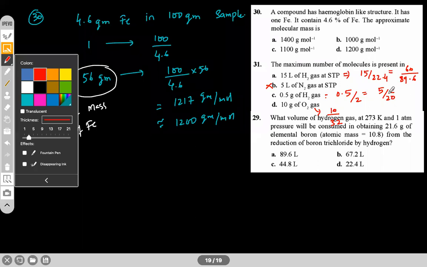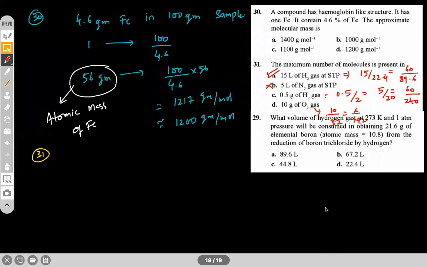Here we get 12 if you multiply. So 60 divided by 240. 6 divided by 192. So which one is the highest one? The highest one is 15 liter of H2. Hence the answer is this. More number of moles, more molecules.